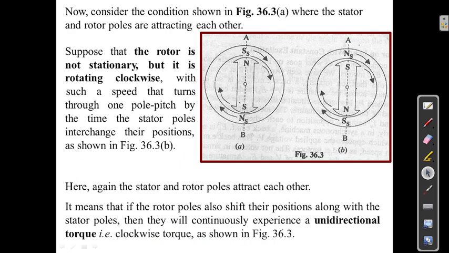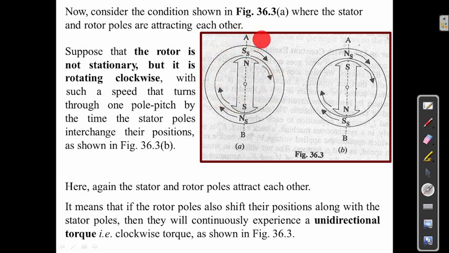Now consider the figure shown in 3.6a, where the stator and rotor poles are attracted to each other. As I said before, Ss will come to position A and Ns to position B. Now they attract each other and there will be a clockwise rotation.